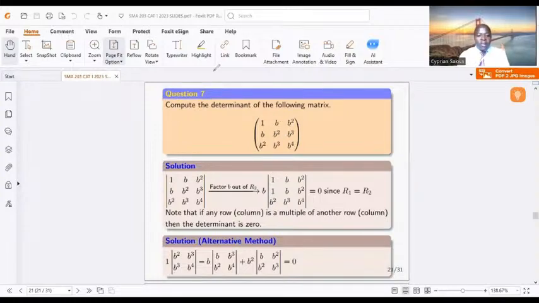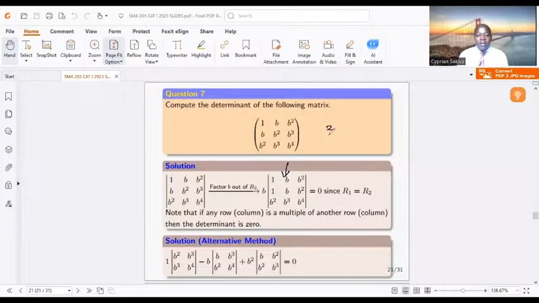That's what I did here. So when you find that one row is a factor of the other row, then the determinant of that matrix is 0. Or when you find that one column is a factor of the other one. For instance, when you multiply this column here by B, you get this column. So that means the determinant of those matrices is 0.